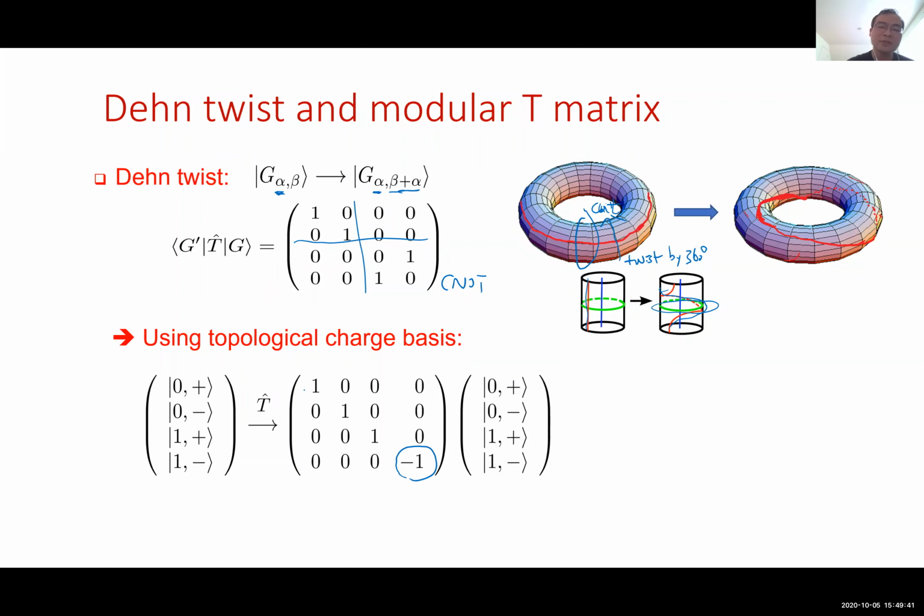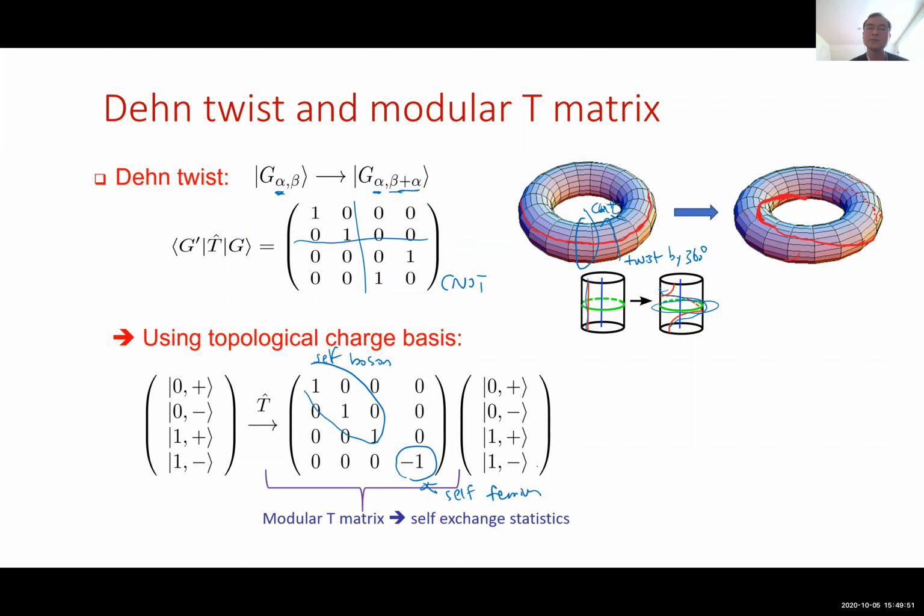So all the others are boson-like, like self-boson. But this is a self-fermion. Okay, so this gives you the exchange statistics, self-exchange statistics. So the minus sign, this is how we get the minus sign. Okay.